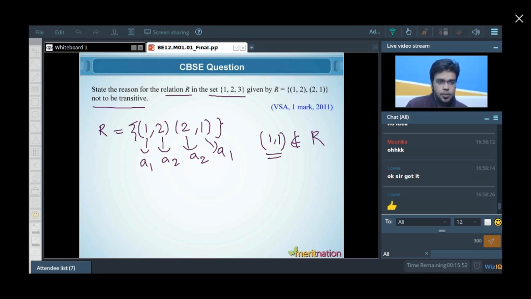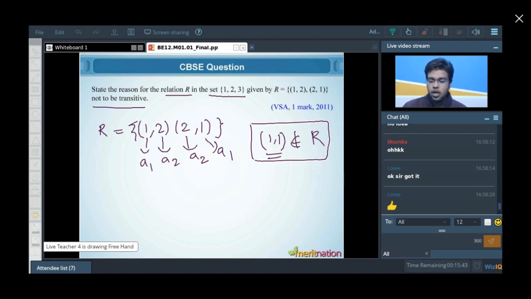Because if (A1, A2) and (A2, A1) are present, then (A1, A1) has to be present. And the element (1, 1) is not present in our relation R, so it is not transitive.